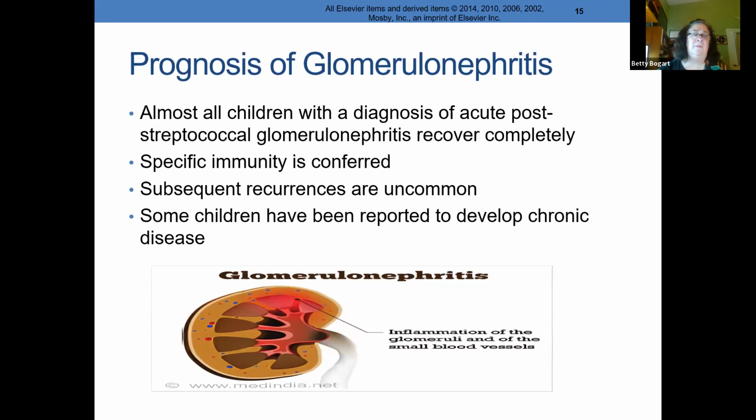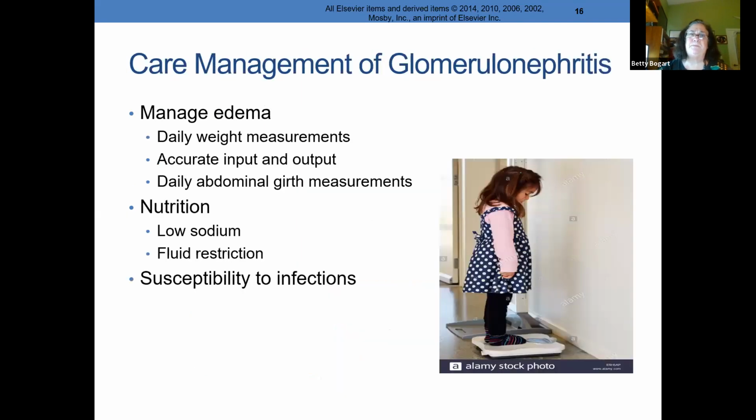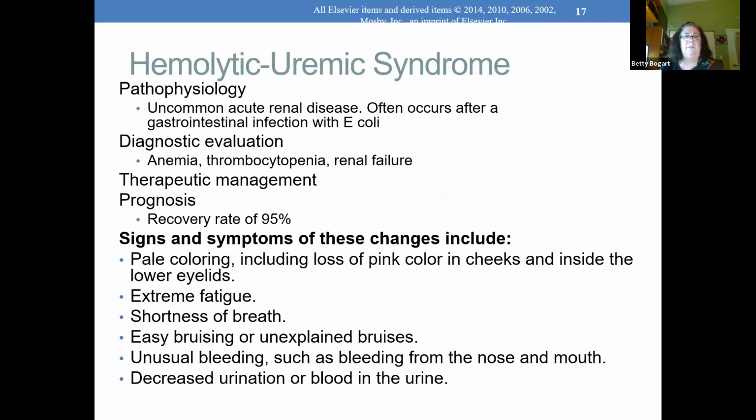Again, this could be something that also turns into a chronic disease if we don't get it quick enough. So managing edema, daily weights, I and O, and we're going to be measuring abdominal girth because it has to do with the kidneys. Nutrition, as I said, low sodium, fluid restrictions, and we have to be careful of infections with these children.